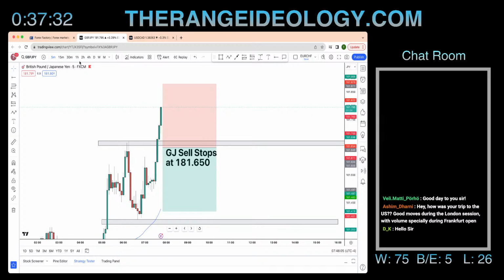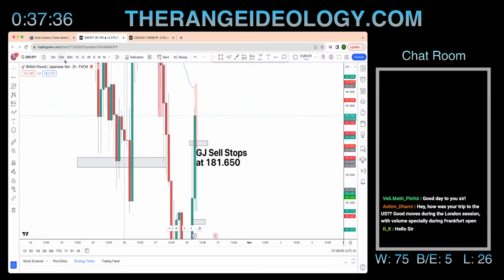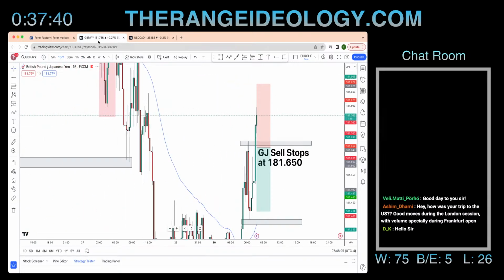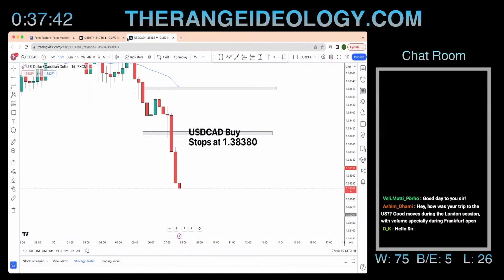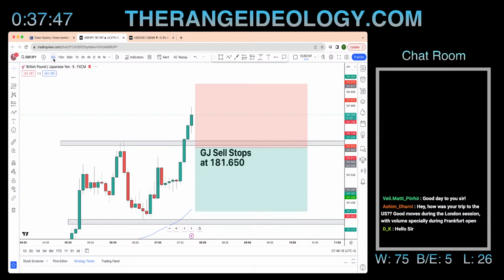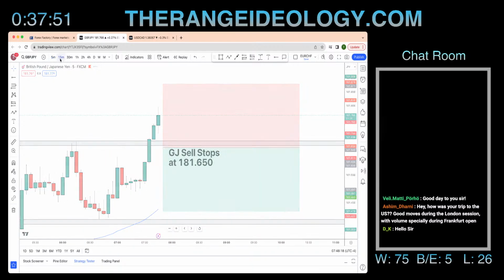Wow, look at GJ as well. The opposite movements have just been phenomenal here. Right, so I can see now that the larger range may be in play. But again, if GJ does reject here, the previous 5-minute candle had no bottom wick.